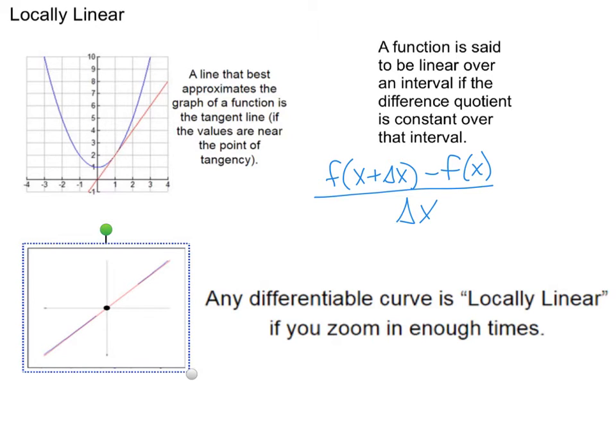So that's what's being called locally linear. If it's differentiable, which means it's continuous and every point exists here, if you zoom in enough, you're going to be able to see that this turns into a straight line.